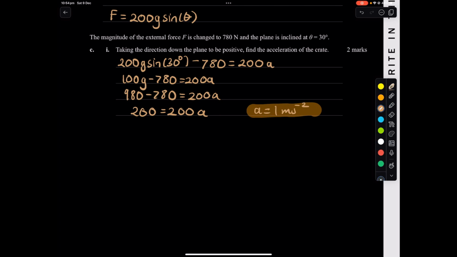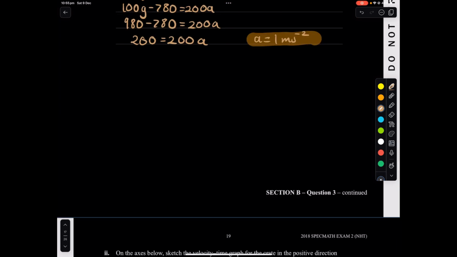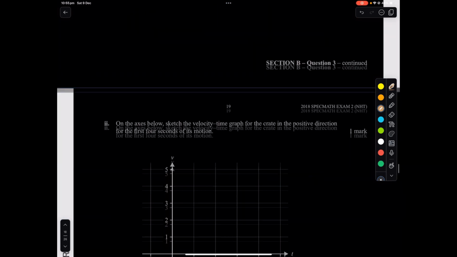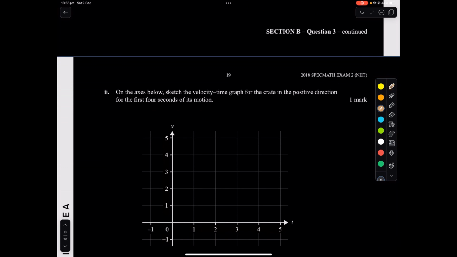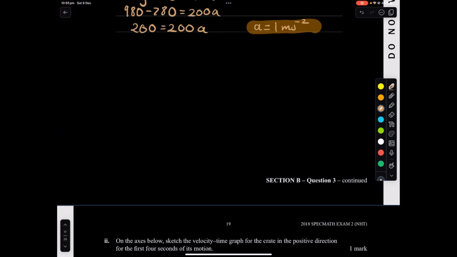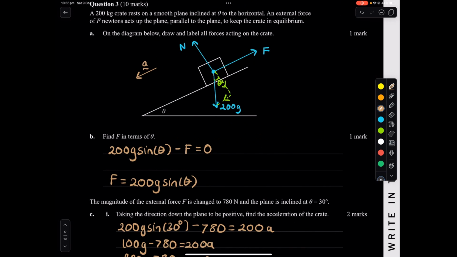Great. Next question. On the axis below, sketch the velocity time graph for the crate in the positive direction for the first 4 seconds of its motion. Now we know that the gradient of a velocity time graph is the acceleration. There's no friction, so it's going to be a nice constant acceleration.